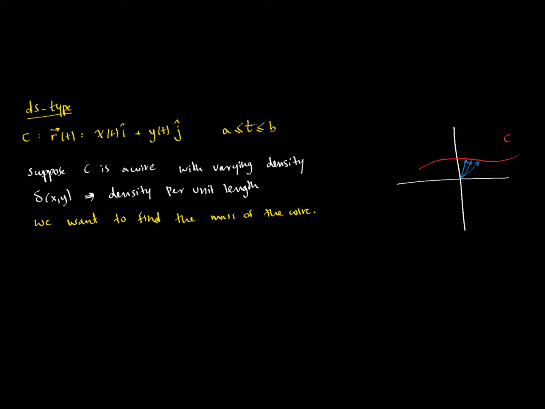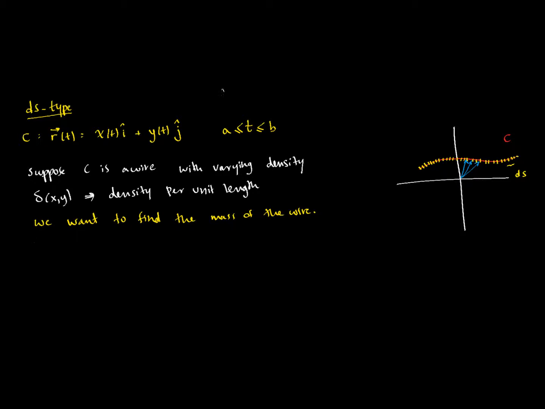So one way we can find the mass of the wire is if you take this wire here, break it into many small pieces, an infinite number of small pieces, and let's say that every small piece has the length ds.